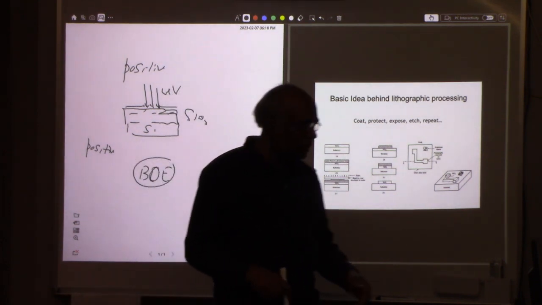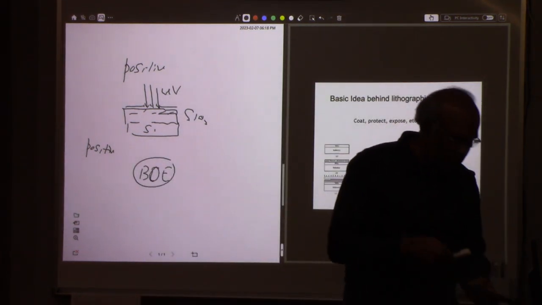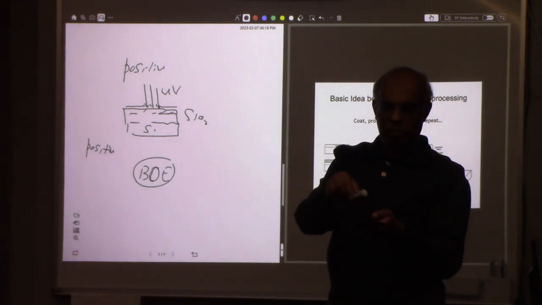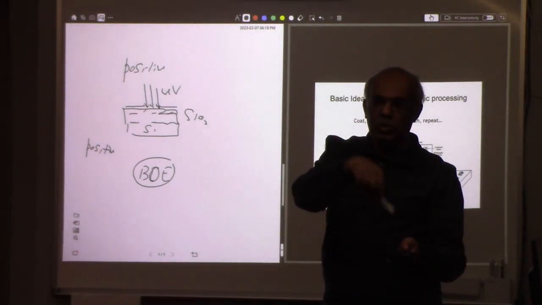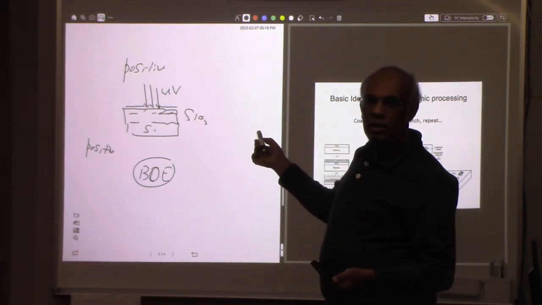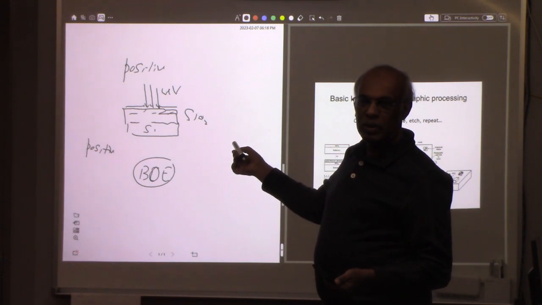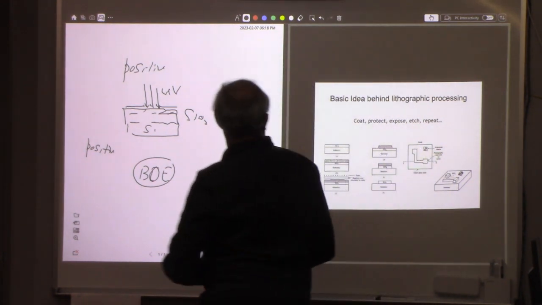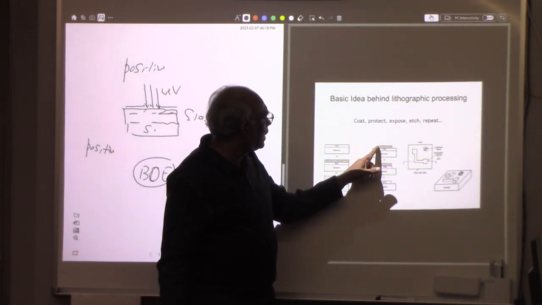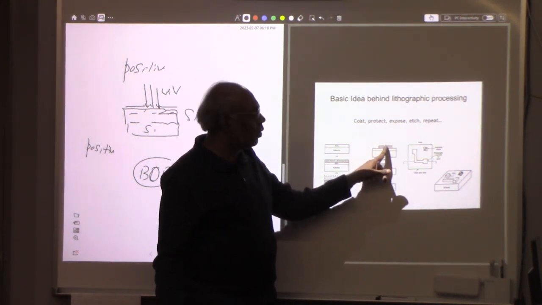In this case, you can see the pattern is on top of this one, right? But if I want something carved into the substrate, I have to use a positive photoresist, right? If I use positive photoresist, what will happen? This one will remain, and this one will be gone.